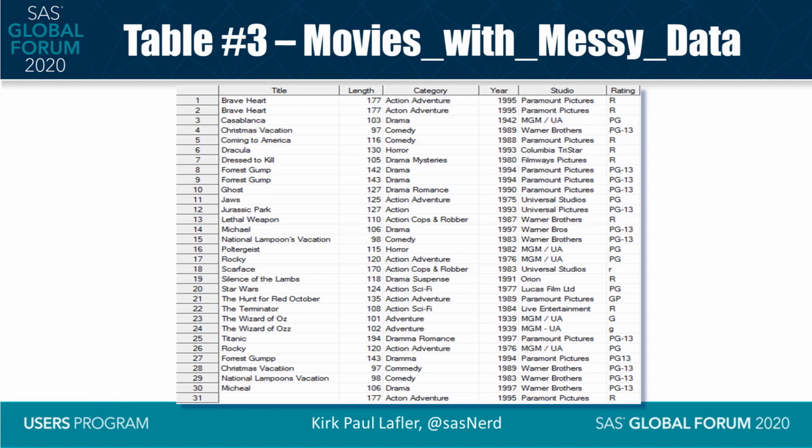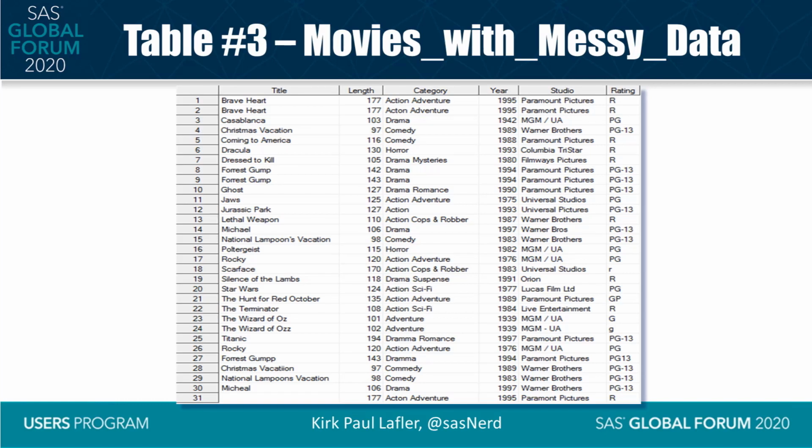And it does have some issues with the data. I purposely added issues with the data itself. And you'll see by looking at the data that there's misspellings, there's incorrect rating types, there's some invalid movie titles, some duplicates, and things like this.